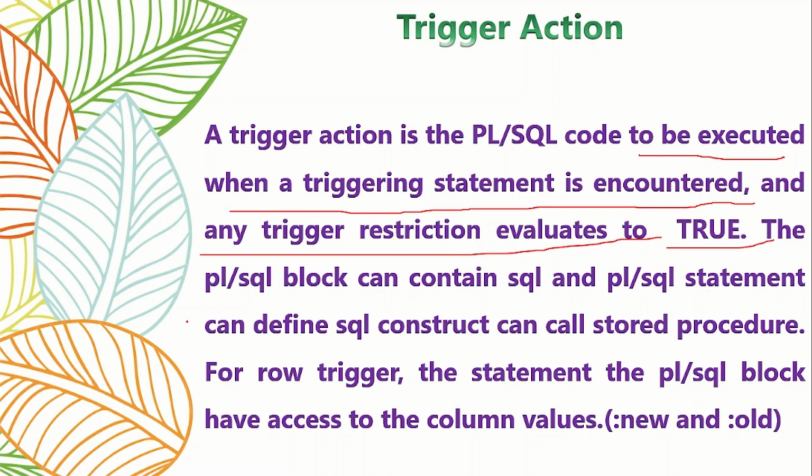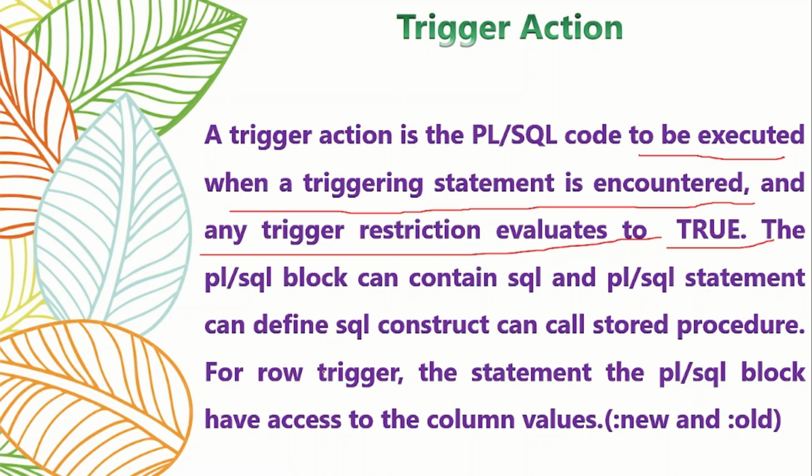Immediately the trigger will be fired and will say to the user the salary cannot be less than 10,000, and will not allow that record to be entered into the table. Clear? So that is the triggering action, and that is the condition to be fired.